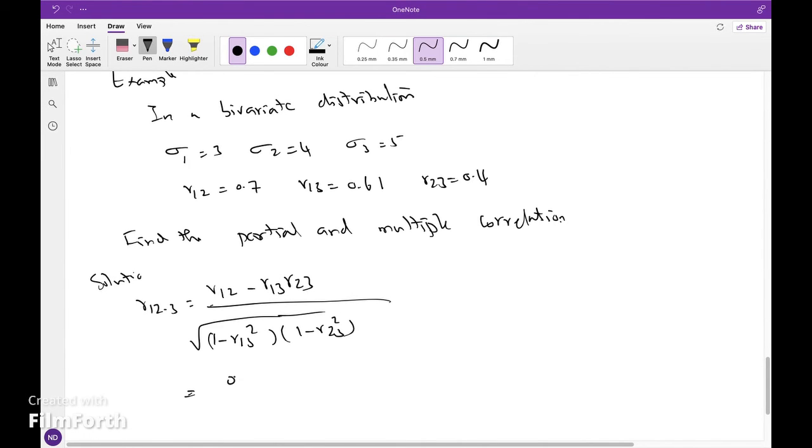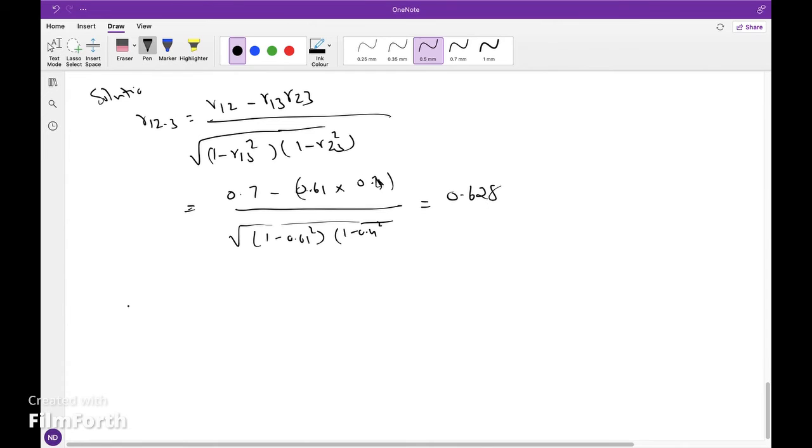That is equal to (0.7 minus 0.61 into 0.4) whole divided by the square root of (1 minus 0.61 squared) into (1 minus 0.4 squared). Using a calculator, 0.628.